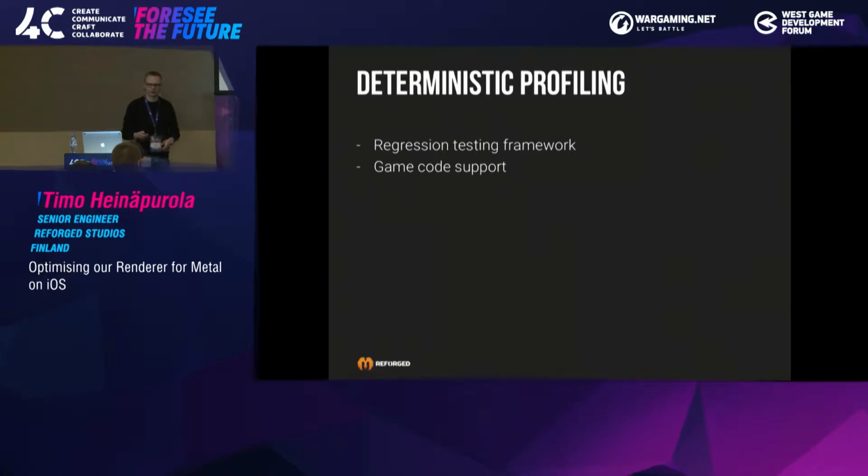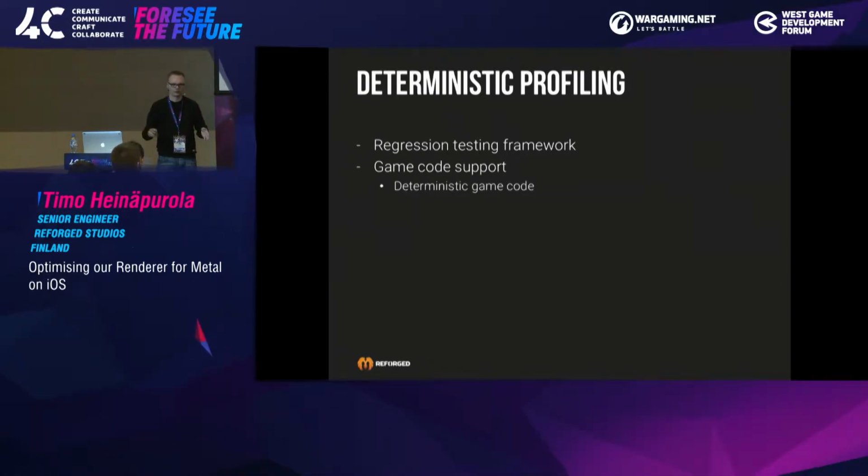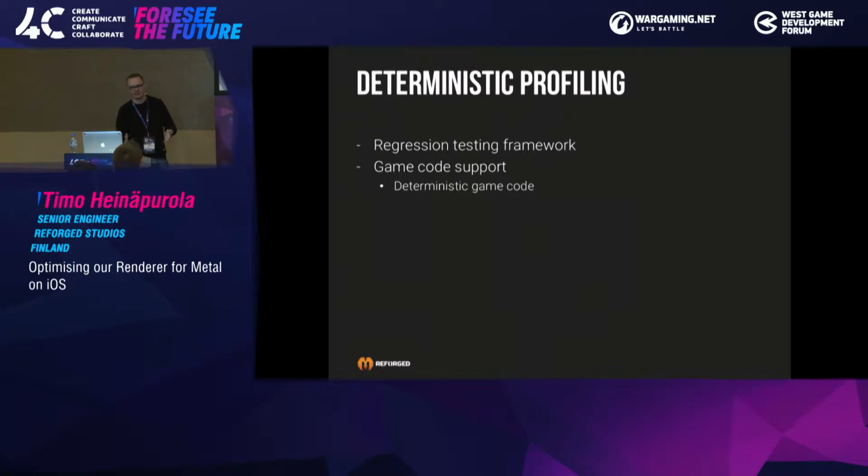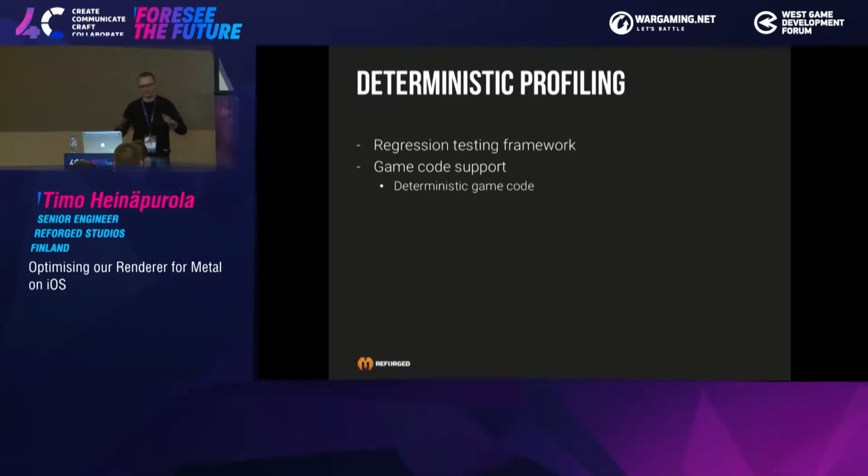And the game code supports this by having all the game code implemented in a deterministic manner and using fixed point math. And also all the game events are scriptable. So we can execute any of those events at specific ticks and have a deterministic timeline that we can compare before and after making changes to code.